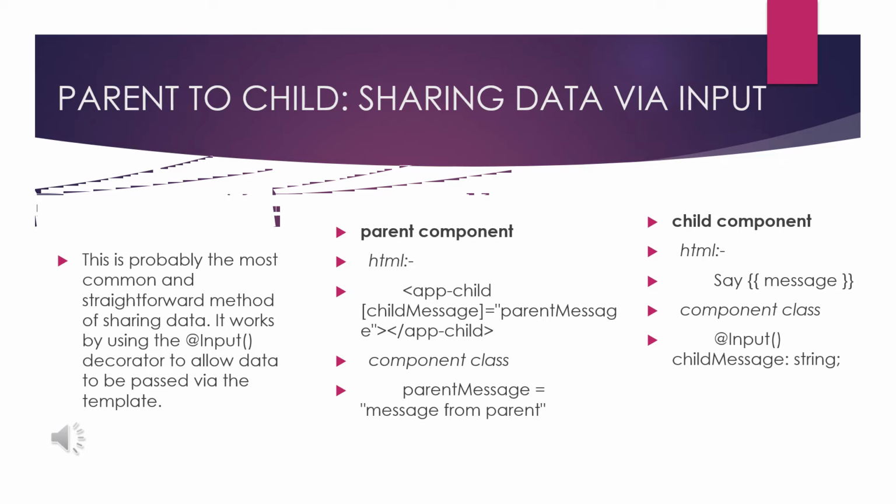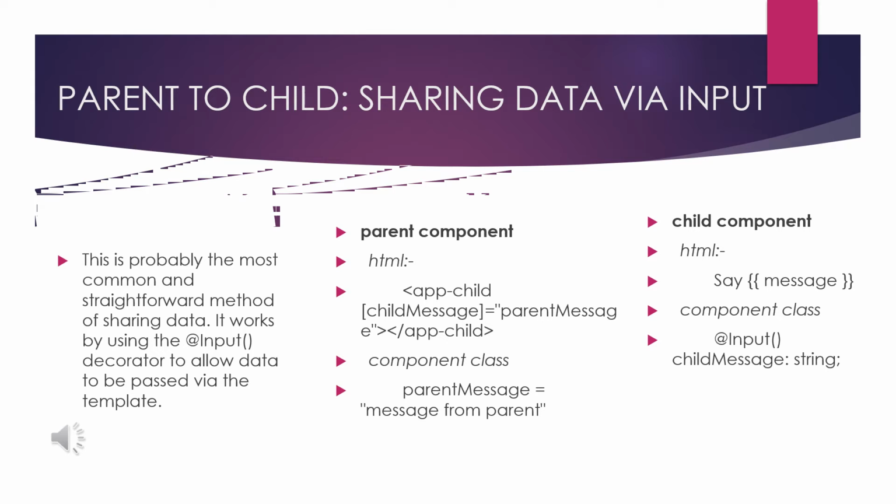Once the child component is called, the child message will be populated from here. We have the child message in the child component, but it is empty now. So I give a message from the parent, which will be passed on to the child message and populated in the child component's HTML file.